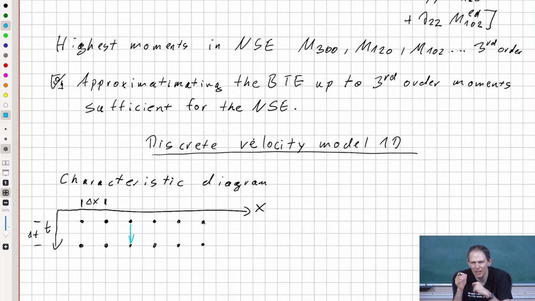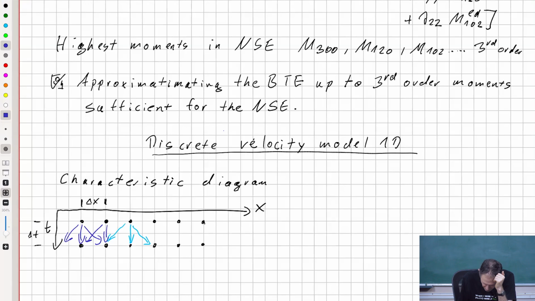So it will move just in time, just along the time direction, but not in the space direction. Whereas a particle that has the velocity going to the right will move in space and time like this. A particle that's moving to the left will move in this way. So now we have all of them.